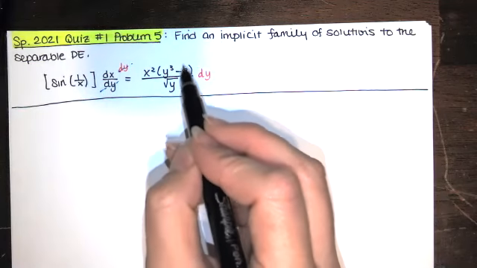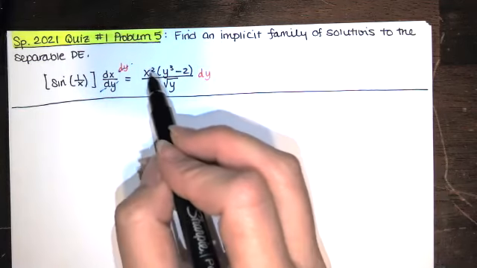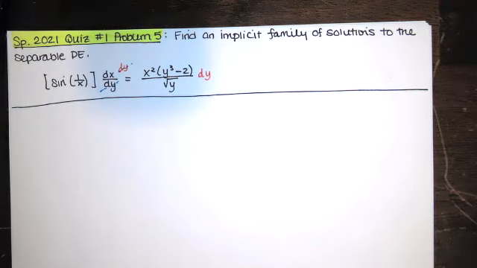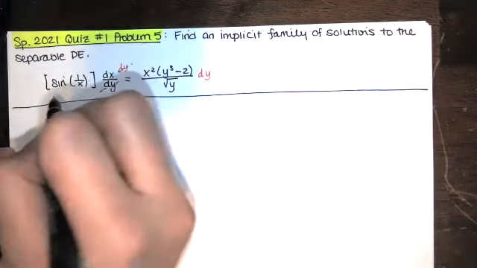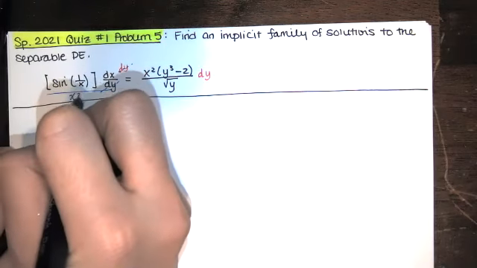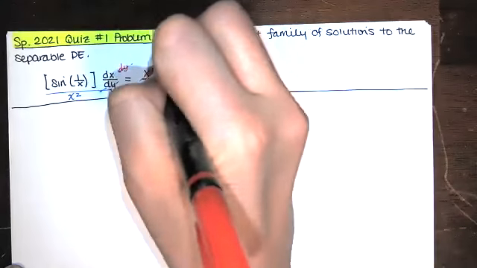And then we'll have a function of y times dy over here, but we need to get rid of this x squared as well. So I would divide by x squared on both sides.